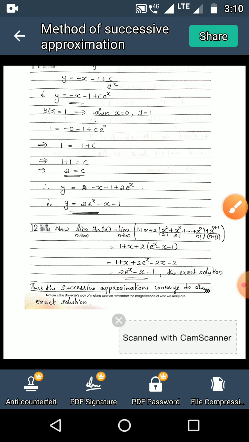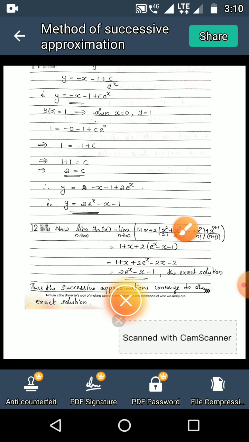Now we are going to look at the connection between the exact solution and the solution by the method of successive approximation. So limit n tends to infinity of yn of x, which we have already written. What happens? 1 plus x, the first two terms do not contain n, so that is 1 plus x itself, plus 2 times the term in the bracket which contains x raised to n.